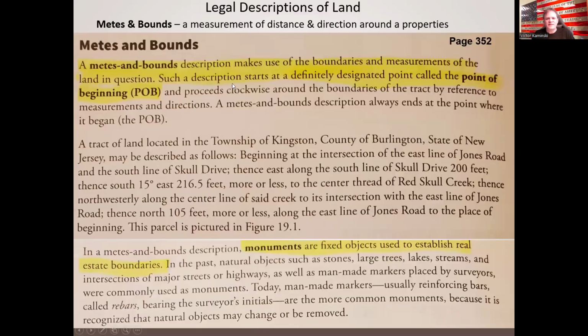So let's highlight the metes and bounds description and the point of beginning. And monuments are those fixed objects to mark the corners of your property there.